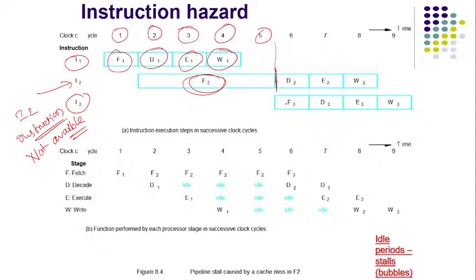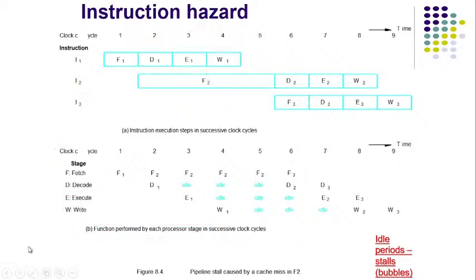The same diagram is represented as the function performed by each processor stage in successive clock cycles. See what happens here. In the fetch stage the instruction is not available.